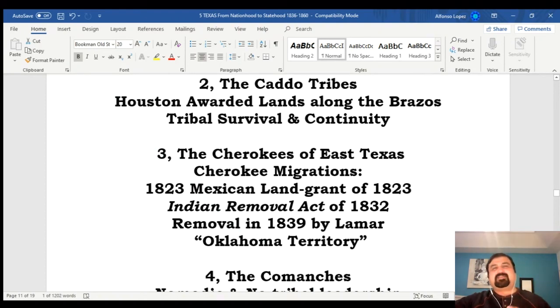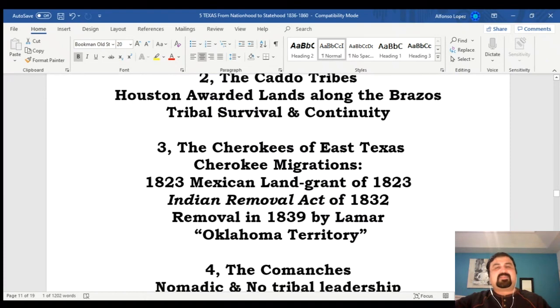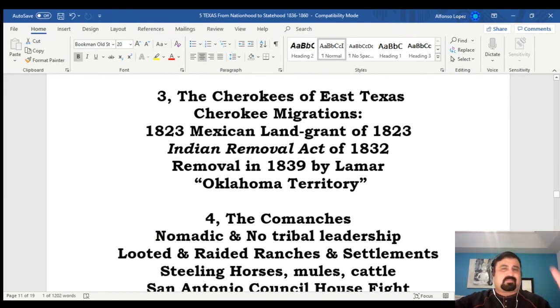That was his intent. So that's why he was willing to actually award them lands along the river. Again, there is a steady supply of water so they can farm, so they can subsist, and their societies can continue. So that was his overall philosophy regarding Native Americans.